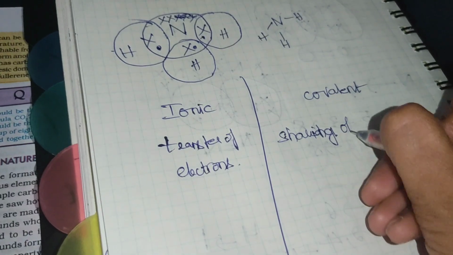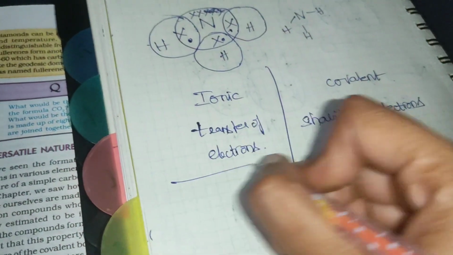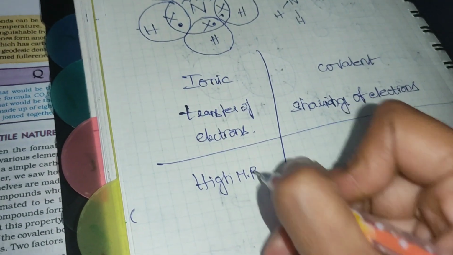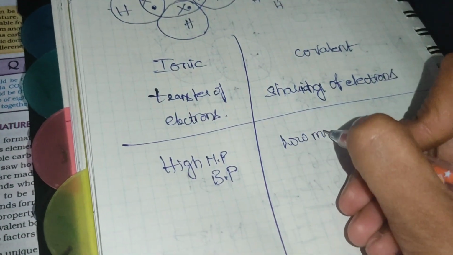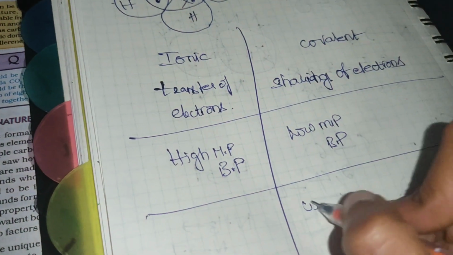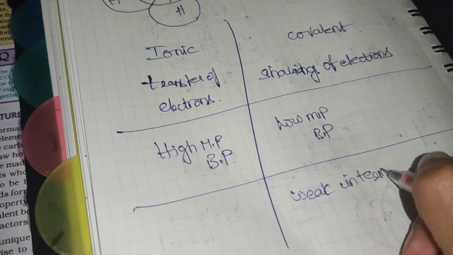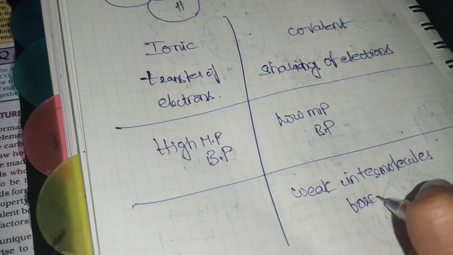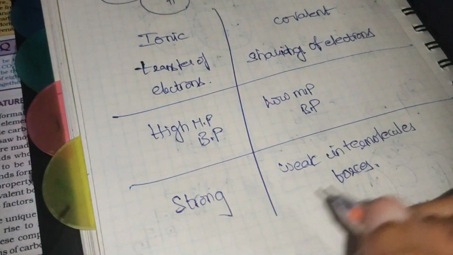Ionic compounds have high melting and boiling points because of strong bonds. Covalent compounds have low melting and boiling points because of weak intermolecular forces between the molecules. The forces will not be that strong. Weak. Here, strong intermolecular forces.